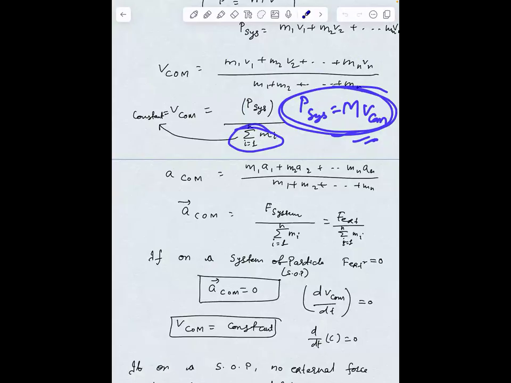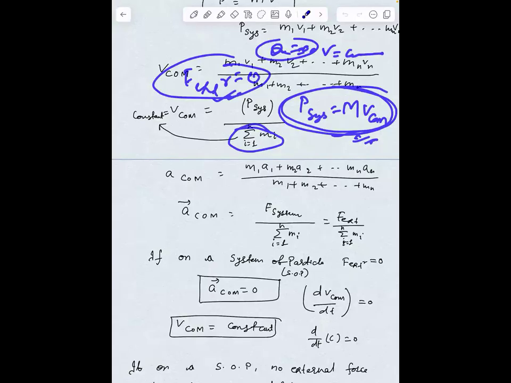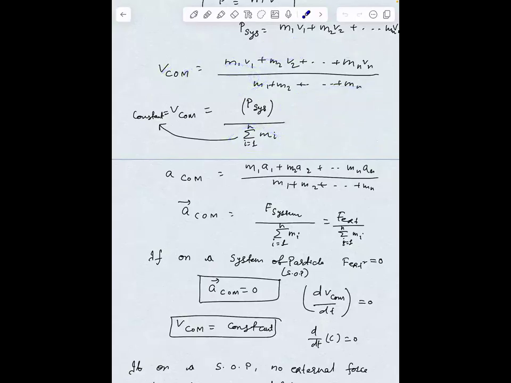Now, if there are no external forces acting on the system, the external force is zero, so acceleration is zero, and acceleration zero means velocity remains constant. So P of the system is equal to capital M into V center of mass.